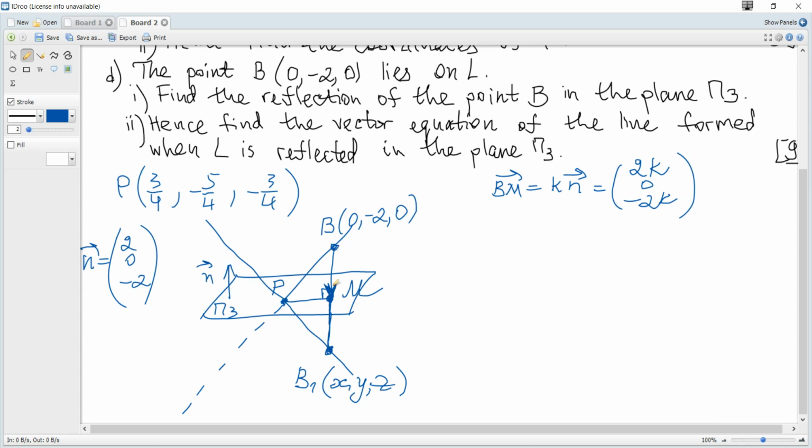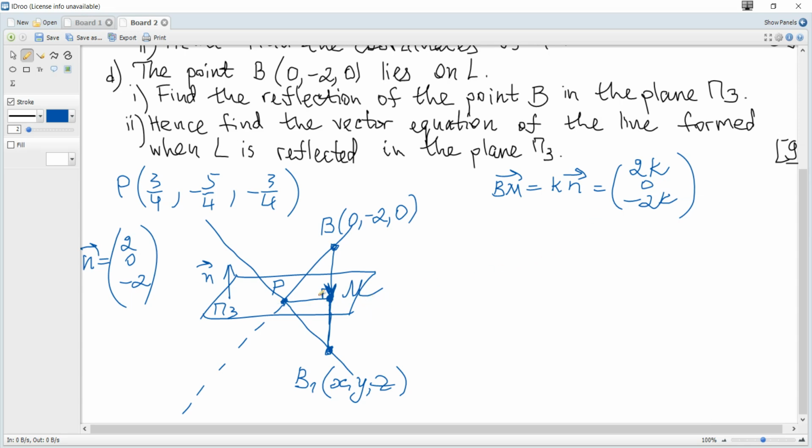The distance BM is equal to the distance MB1, so the BB1 vector is 2 times the BM vector, and since the BP vector can be found, PB1 can be represented as PB plus 2 times BM. If we know k, we can find everything, hence we should find k.